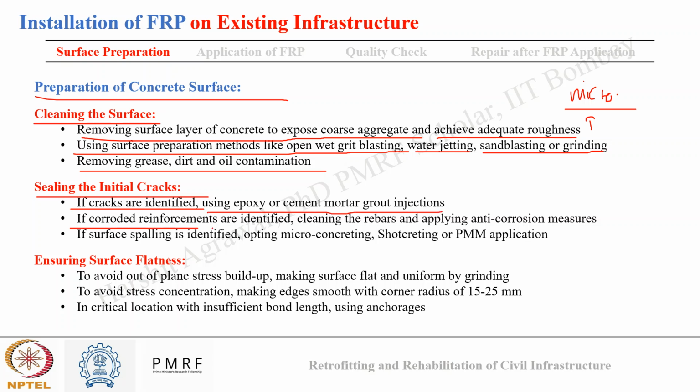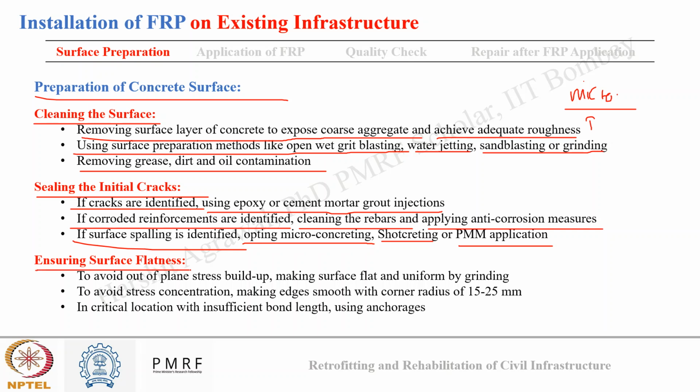If corroded reinforcement is identified in the structure, then cleaning of the rebar and applying anti-corrosion measures shall be taken. And if there is surface spalling in the concrete structure, like I just told, when there's fire damage there can be a lot of surface spalling. In those cases, first we need to go for micro concreting, shotcreting, or polymer modified mortar application. Once we have prepared the surface, then we should go for retrofitting.